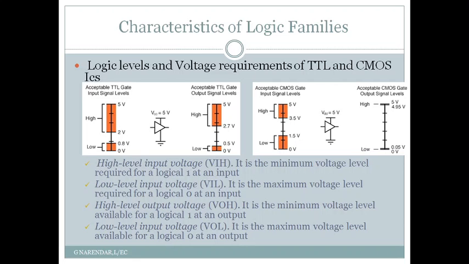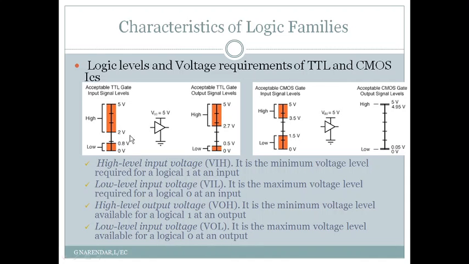This is called low level input voltage, VIL. Here VIL is 0.8 volt and VIH is 2 volts for this TTL family.